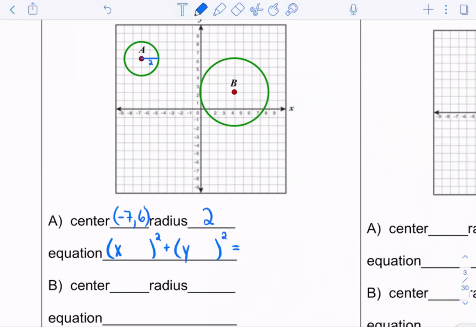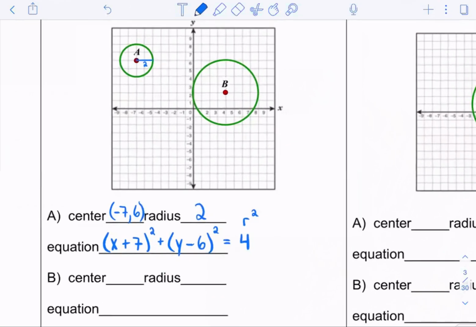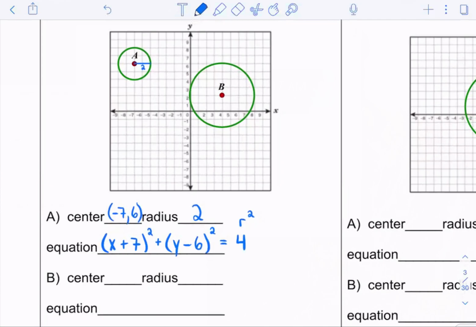So the opposite of -7 is +7 in the first parenthesis. Beautiful. Opposite of +6 is -6 in the second parenthesis. Wonderful. And I have to go backwards of taking the square root, which is to square. So 2 squared is 4. Beautiful. Very nice job, Miss Murphy. Thank you, Mrs. Talhami. You're a good teacher.